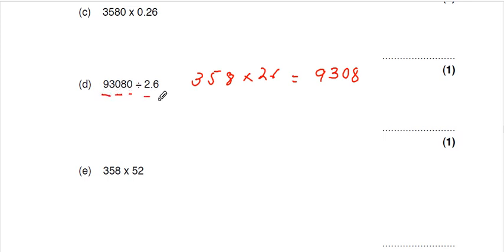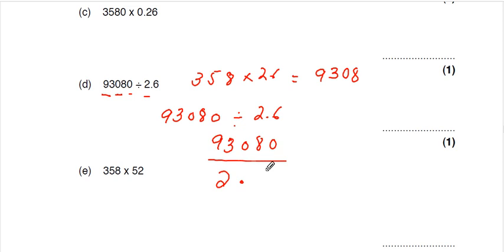93080 divided by 2.6. So what we are going to do now, we are just having like this, 93080 divided by 2.6. Okay, so if I will write in this way, 93080 divided by 2.6, so look at where I have my decimal in the denominator.